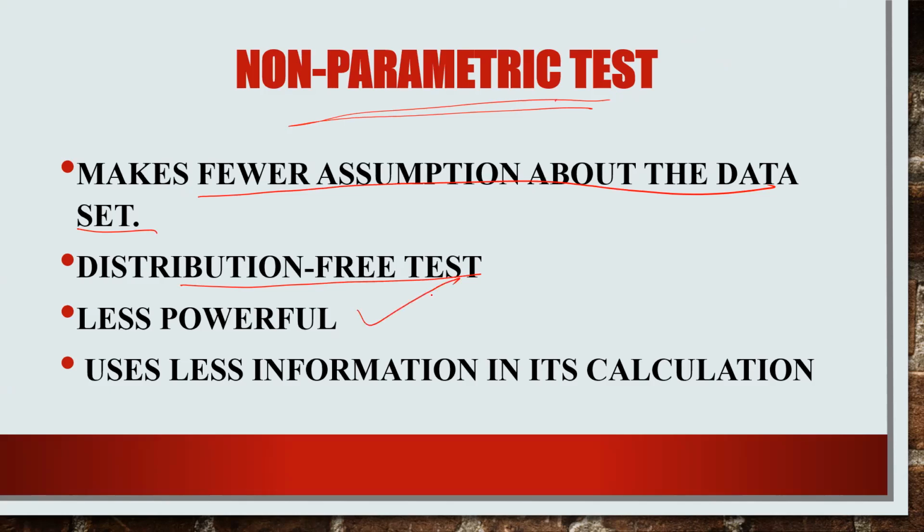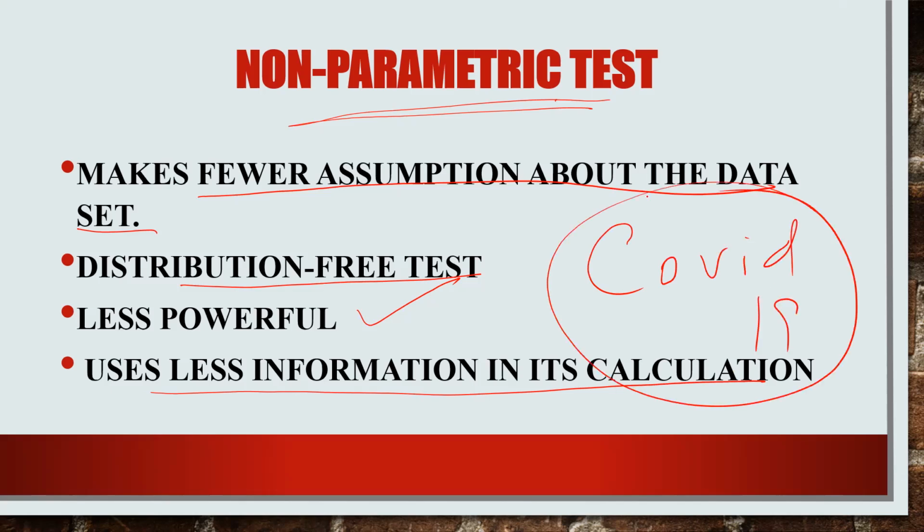They are less powerful, but there are certain conditions under which these need to be calculated. For example, when the COVID-19 episode came into the picture, a lot of vaccines were manufactured by companies and people were reluctant to test themselves with these new vaccines. What happened under these conditions? Because they are very critical, the patient may die or casualty may arise.